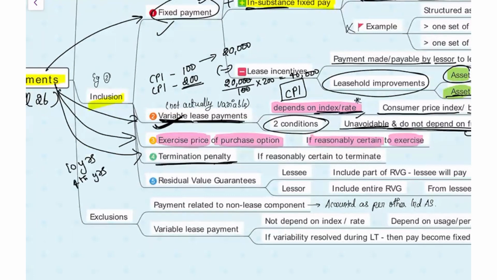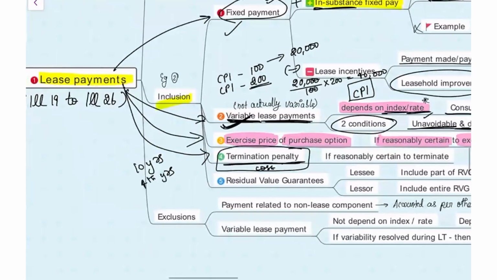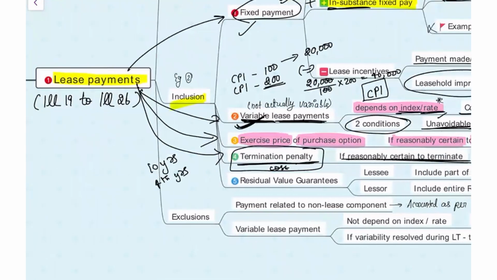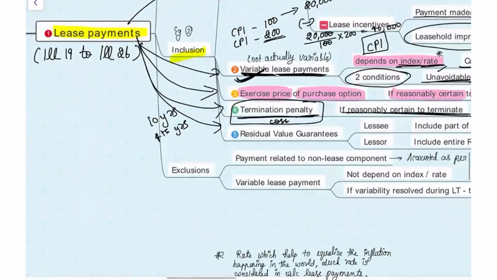But if you're terminating this lease contract, in such case, you will have to pay something known as a termination penalty. That means this is a cost to you. Then in such case, if you're reasonably certain that you're going to terminate the contract, then include the termination penalty as a part of your lease payment. Okay.